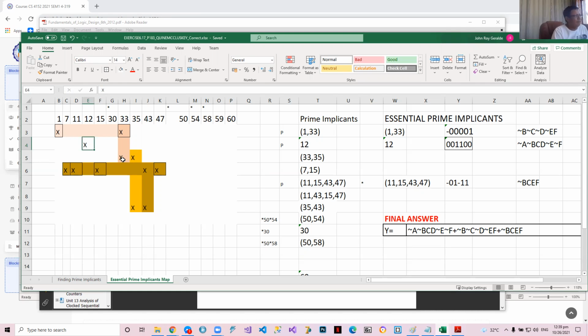Sigurado kasali ang 12. Okay, do you follow? If you will include 11, matatamaan ng 7. Okay? I'll check if 7 should be included, no? Kasi covered siya, tatamaan siya eh. Do you follow? Okay. So anyway, we're running out of time.